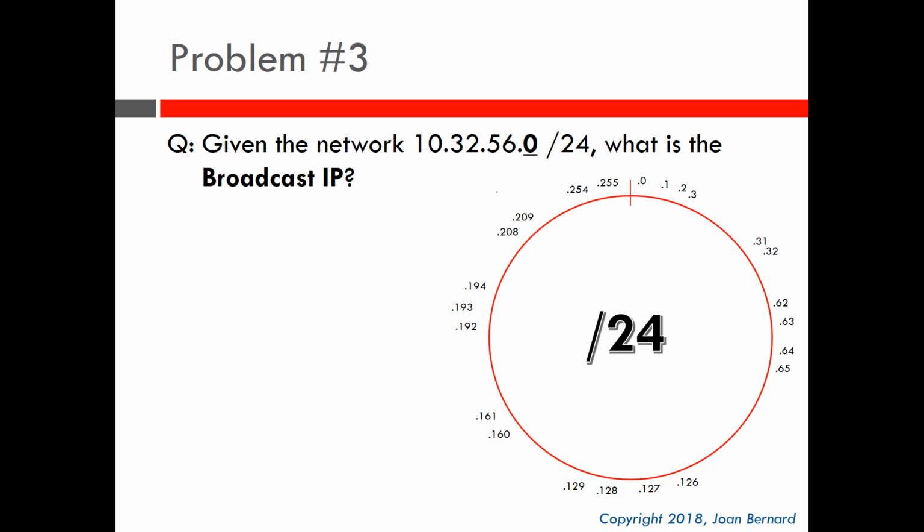The network number is .0. That's the very first IP address in the range. The last IP address in the range is the broadcast IP. So the broadcast IP is 255. The answer would be 10.32.56.255. That is the broadcast IP for the network 10.32.56.0.